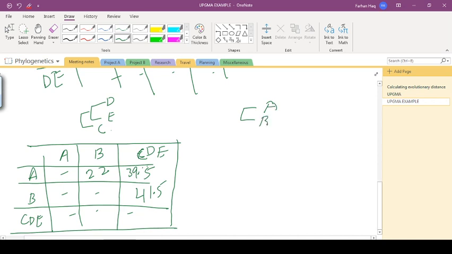The new matrix will actually be A, B, and C, D, E.